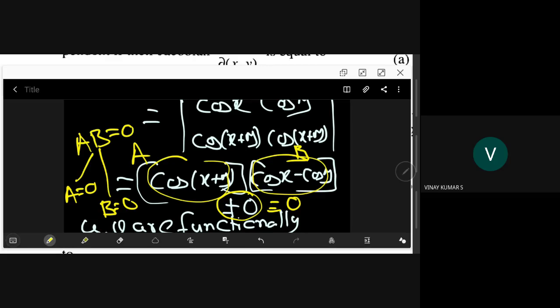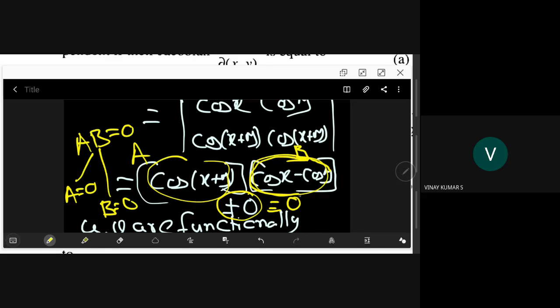For example, if I take x and y as 1, then cos x and cos y are same. Cos 1 minus cos 1 is 0. Fine. I will take a choice.